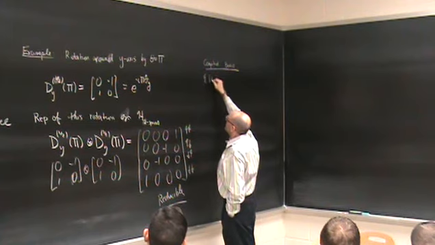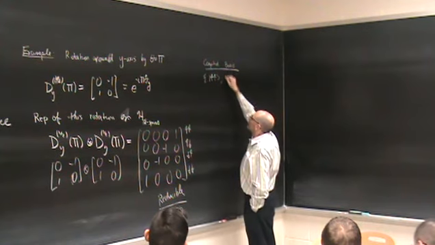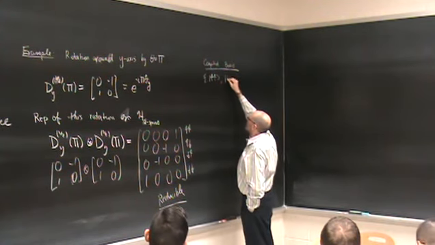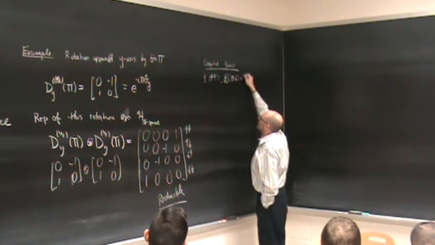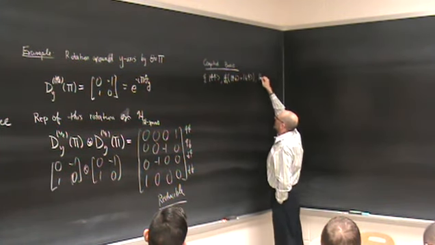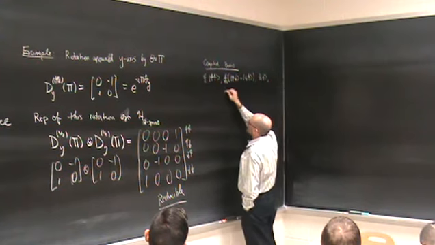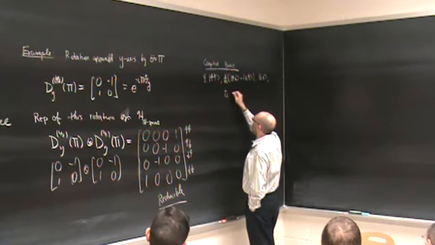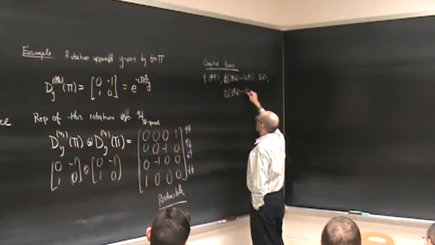The basis 1 over root 2, up, down plus down, up, and down, down, and 1 over root 2, up, down minus down, up.